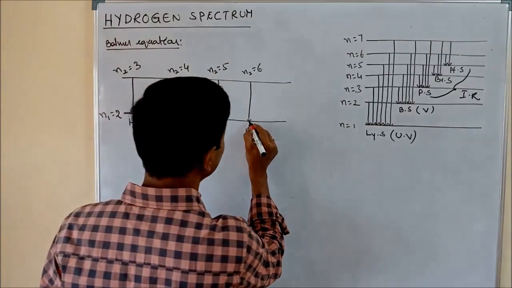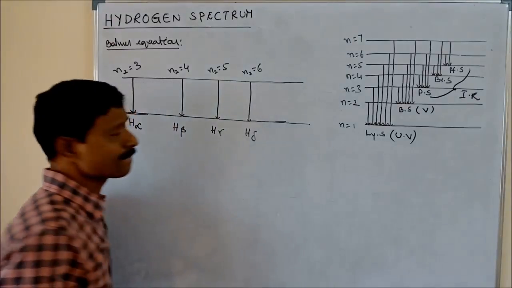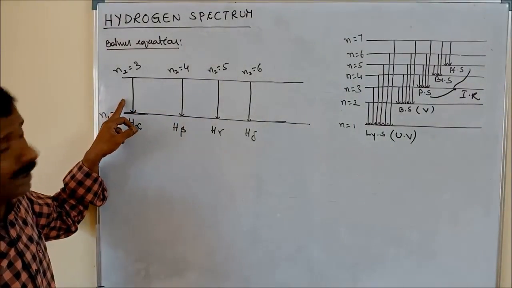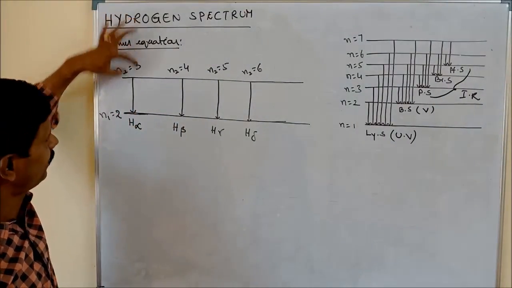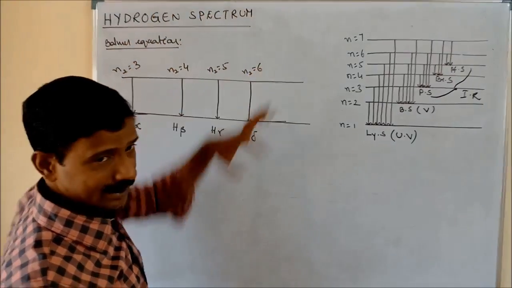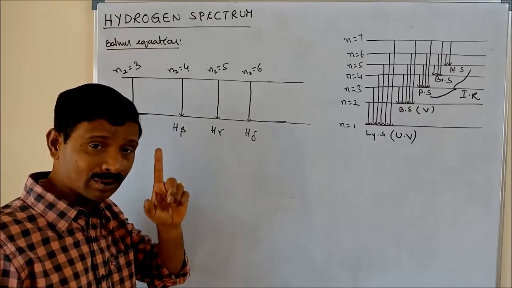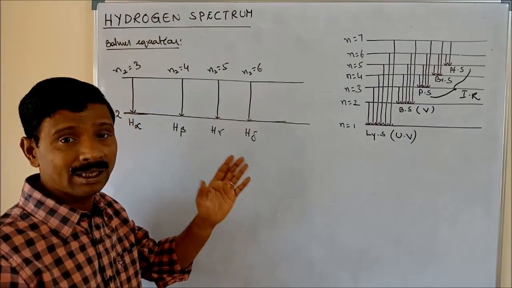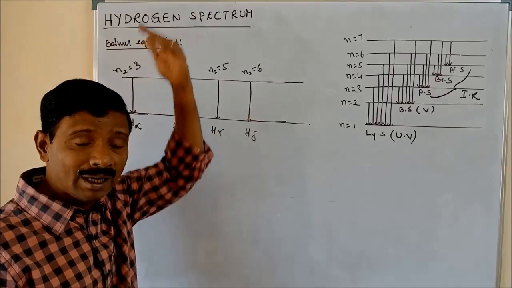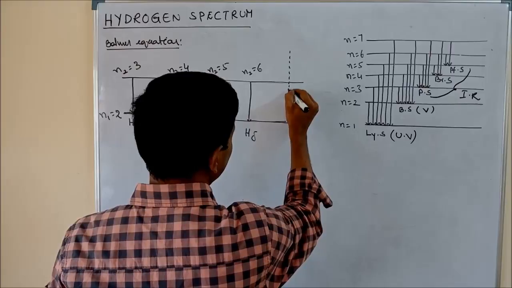And one more important point you have to remember. This is the line where we are getting an electron de-excited from third to second, fourth to second, fifth to second, sixth to second. And in any series, there will be one line where the electron is de-exciting from an infinite orbit, meaning we don't know from which orbit it is coming.